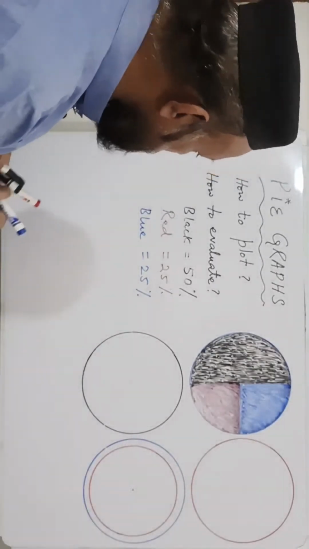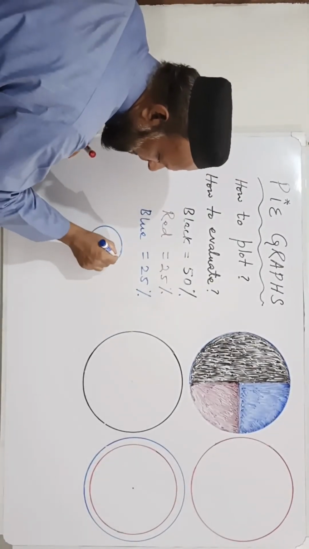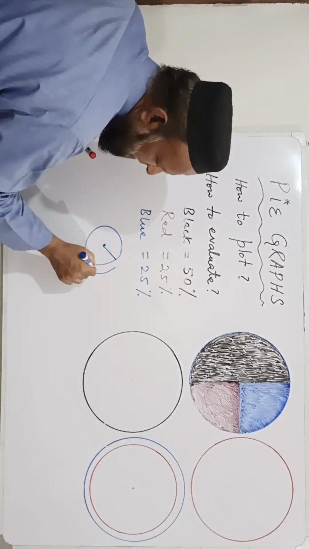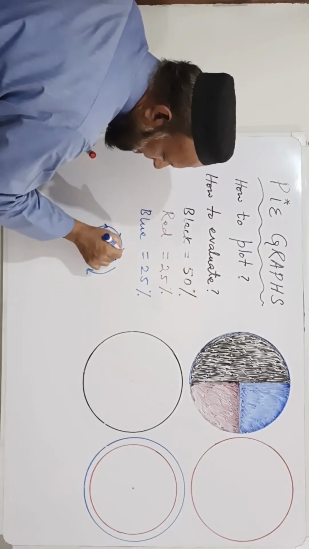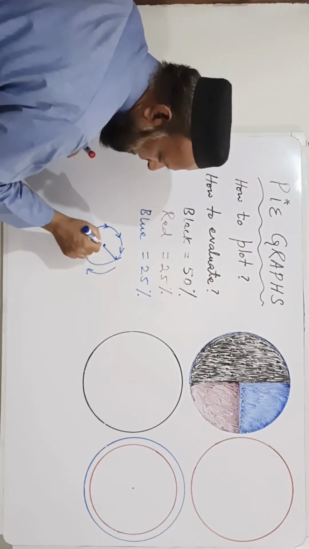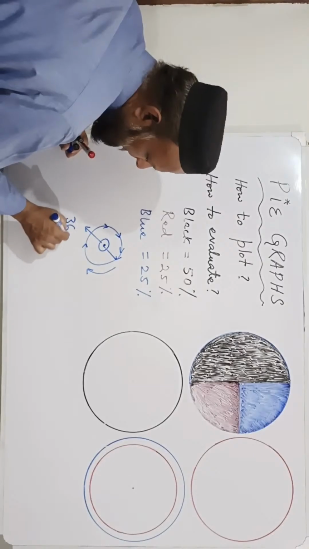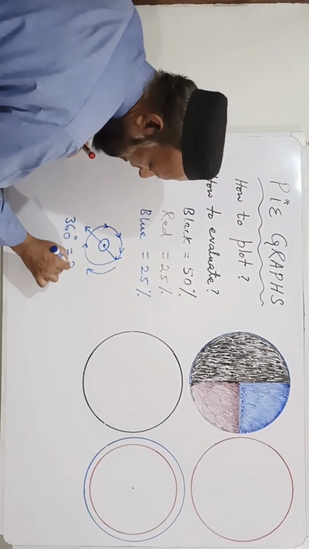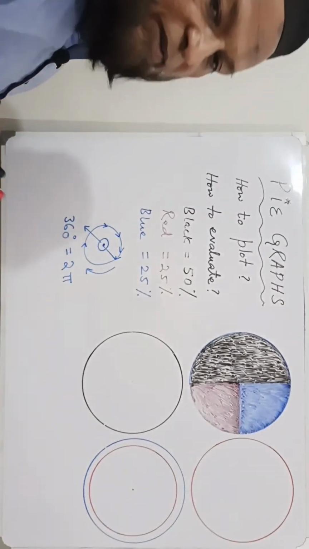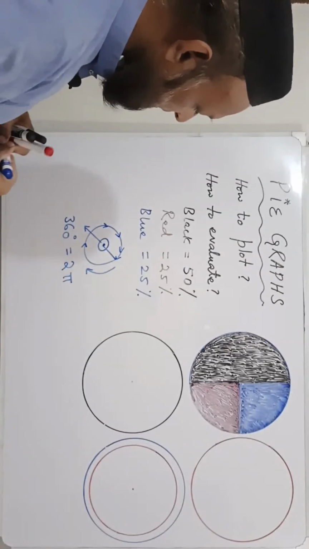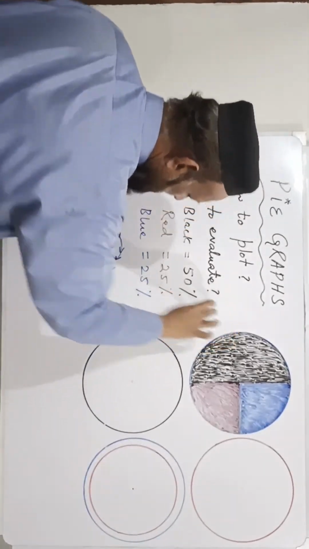When you start from here, move around and reach the same point again, the total angle is 360 degrees, which is also known as 2 pi. Pi is 180 degrees. That's why this is named the pie graph.